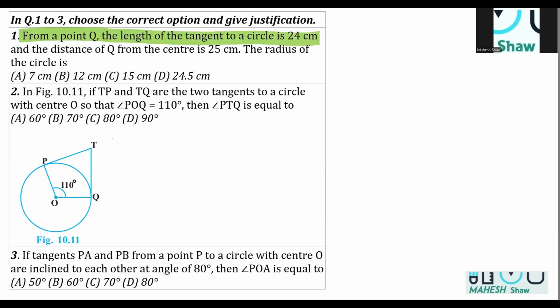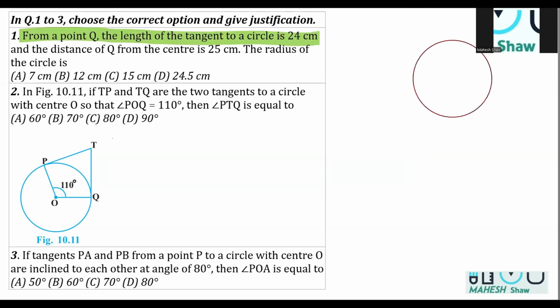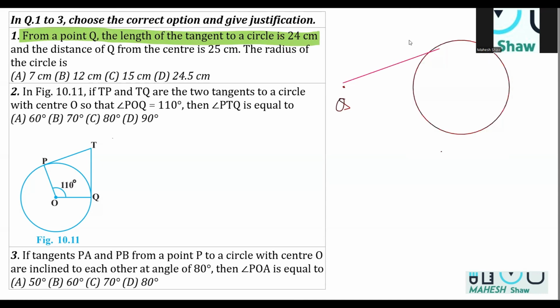So I suggest, let's say first draw a circle, right? And I took a point Q, say outside the circle, and we are given a tangent, the length of the tangent to the circle. That means from this point, I'm going to draw a tangent. Let's say this is the tangent, and the point Q is this.